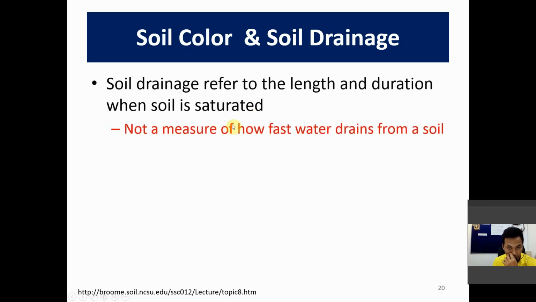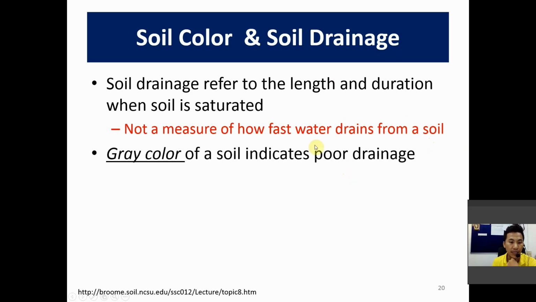Soil drainage basically refers to the length and duration when soil is saturated. This is not when you measure how fast water drains from a soil. So if the soil takes a really long time to be saturated, that means the soil has really good drainage. Gray color of soils tells the drainage, and you have really bad drainage in that case.